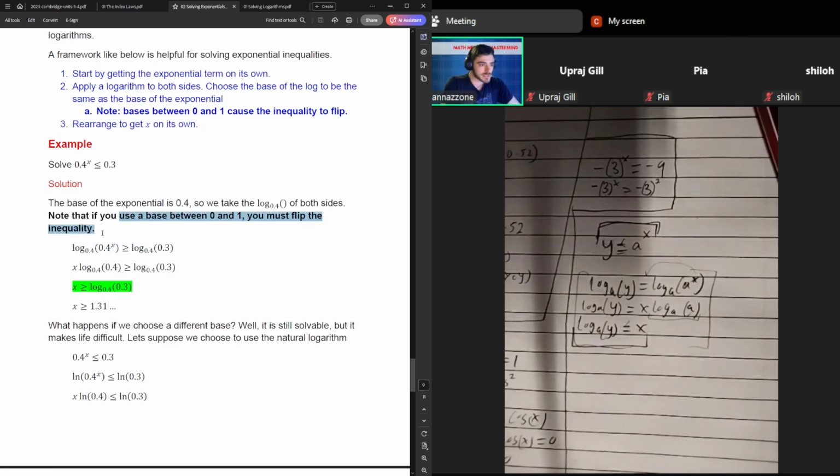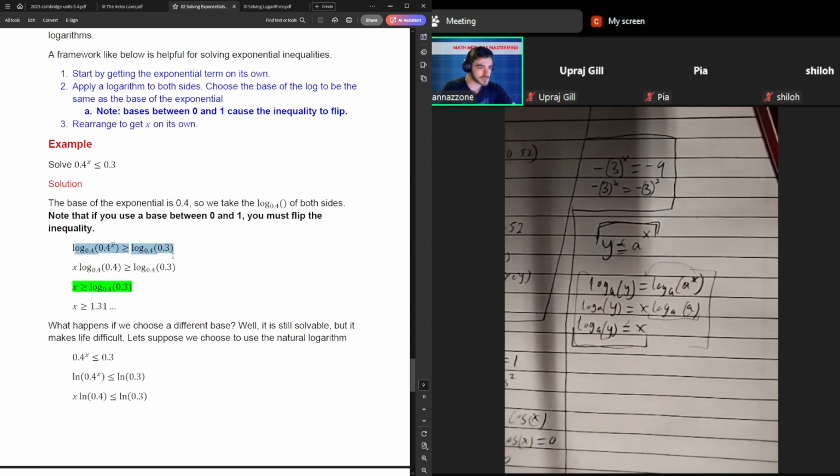One thing that's of interest is that if you use a base between 0 and 1, you have to flip the inequality. So it was a less than or equal to sign. Now it's a greater than or equal to sign. That's one downside of having to do it this way. If you're going to use these strange-based logarithms, you have to remember to flip that sign. I will say it is the lesser of two evils, as you'll soon see.